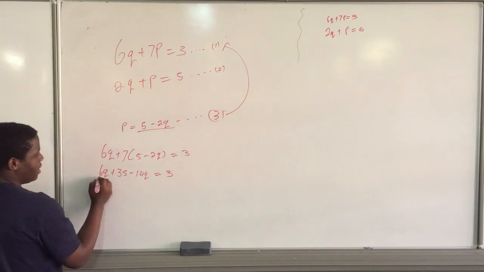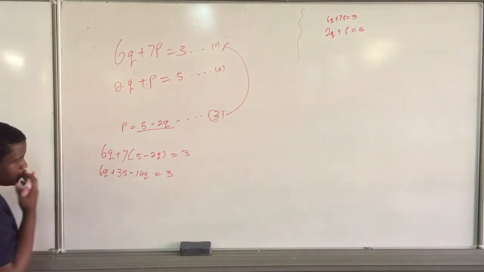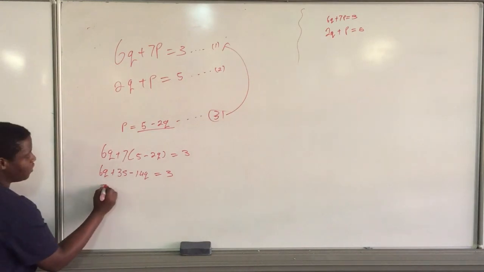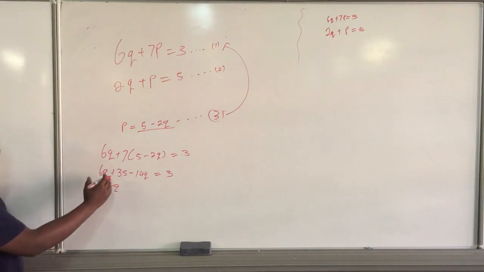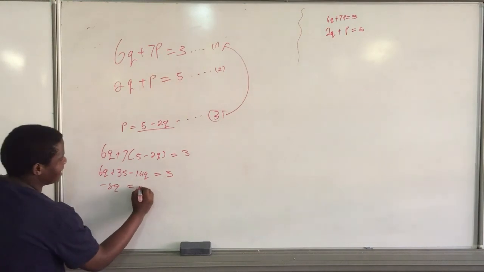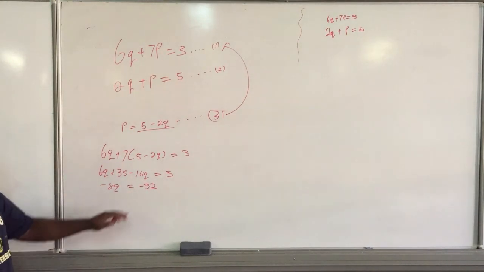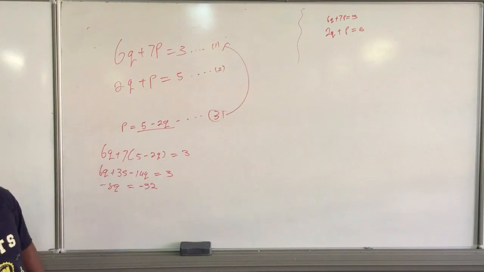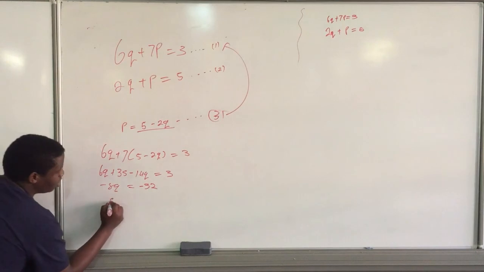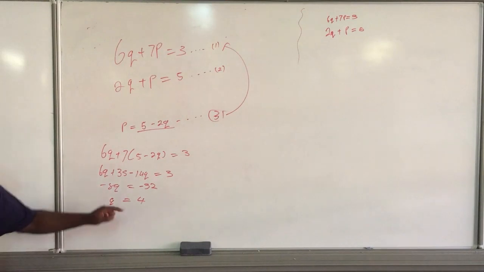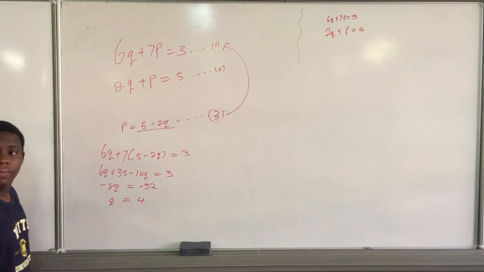Link them, this will give you 6 minus 14 will give you negative 8Q, and then when you take this one to the other side, we'll get 3 minus 35, we'll get negative 32. So in this one, negative 32, we'll need to solve for Q. If we solve for Q here, we'll definitely find that our Q equals 4. You can check this on a calculator. Negative 32 divided by negative 8 gives you 4.